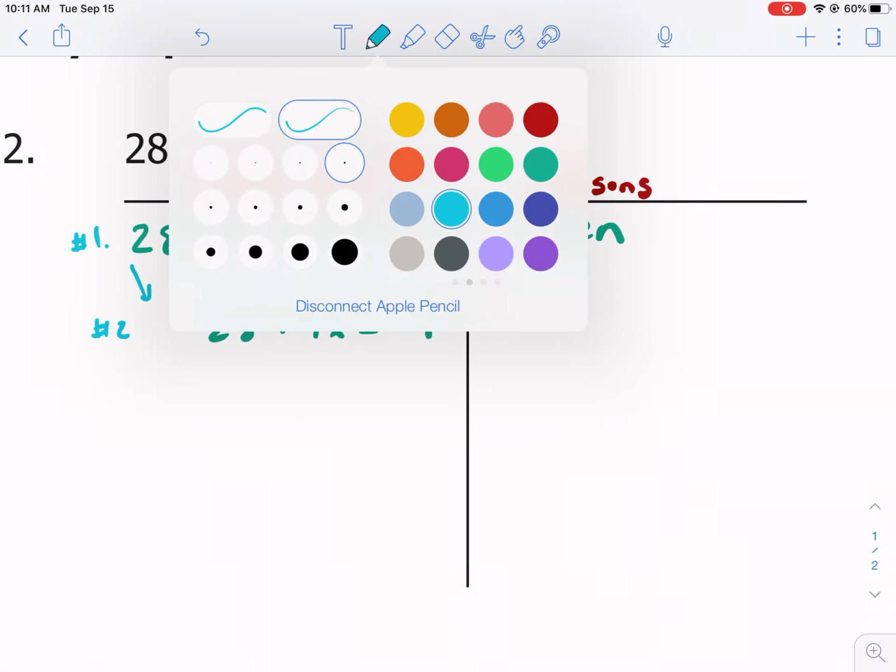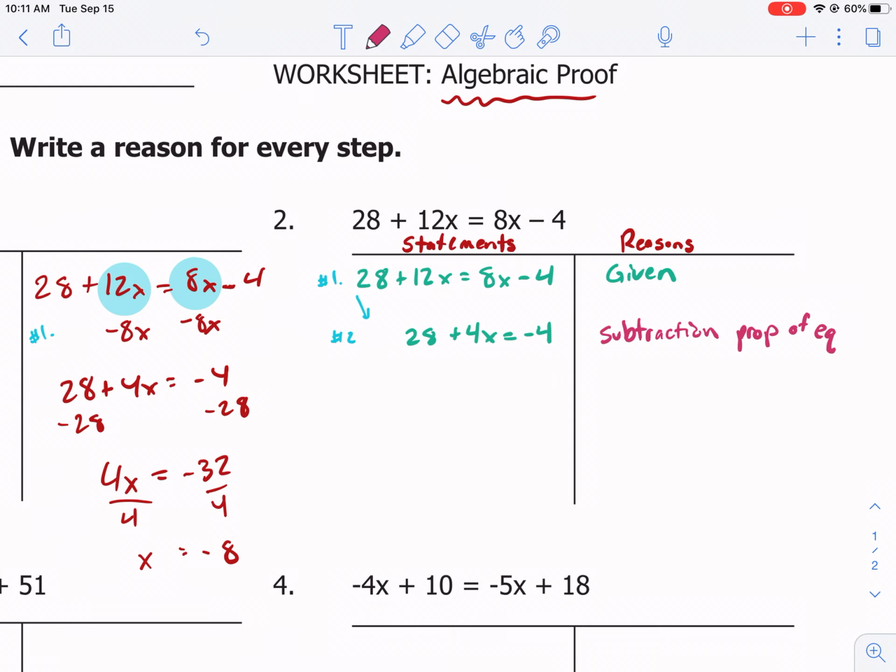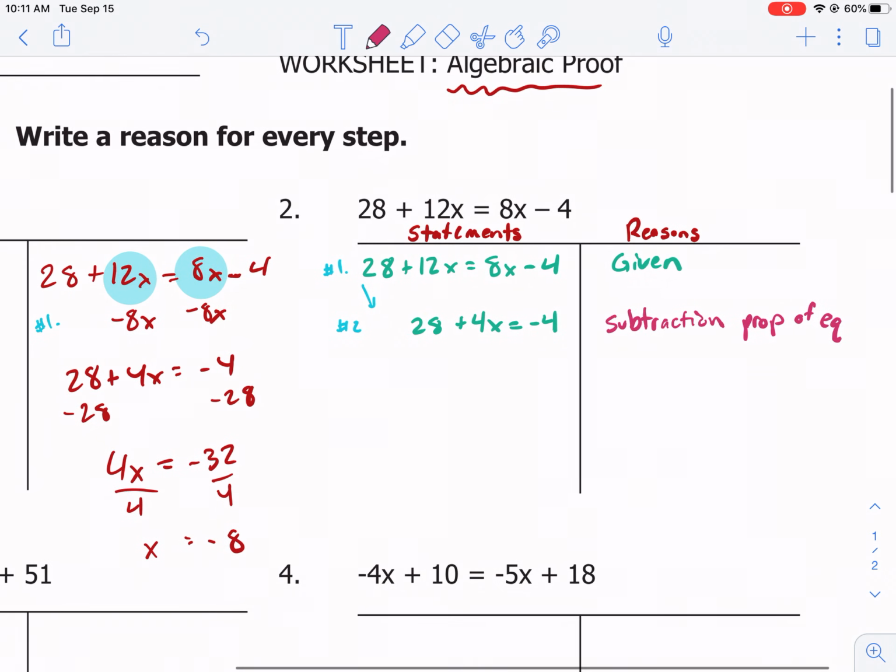I like to abbreviate, so prop of eq. We subtracted negative 8x to both sides, and that's what led us to that step. Sorry, this is a little confusing with this saying number 1. Hopefully you guys can understand, but this is the first step here.